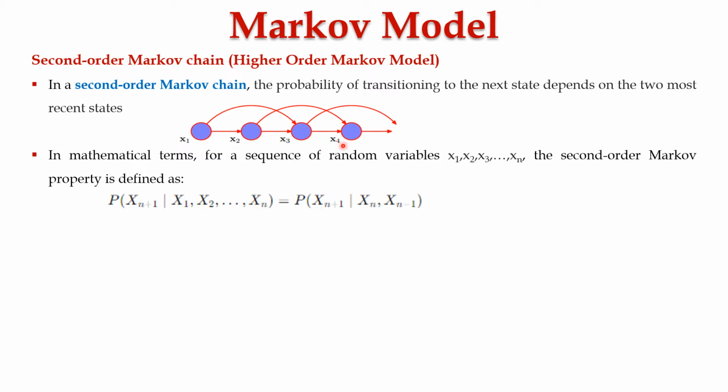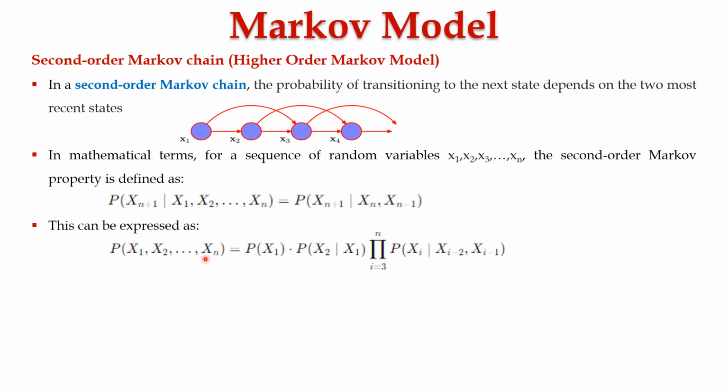That is, the probability of x4 given x1, x2 up to x3, that is xn, since it is xn plus 1, which is equivalent to probability of xn plus 1, that is x4, given xn comma xn minus 1. So x4 given xn is nothing but x3 comma xn minus 1, that is x2. So hope you are clear in this mathematical term.